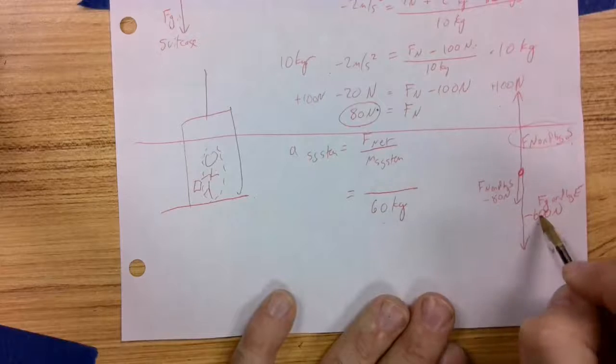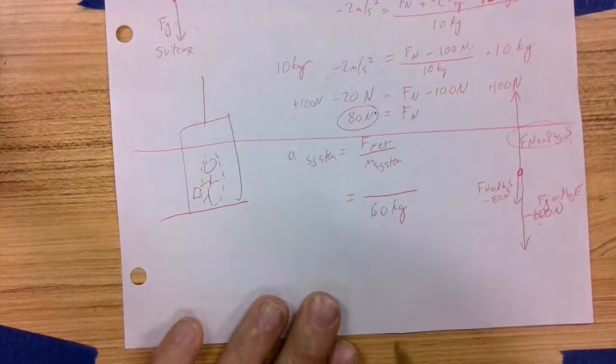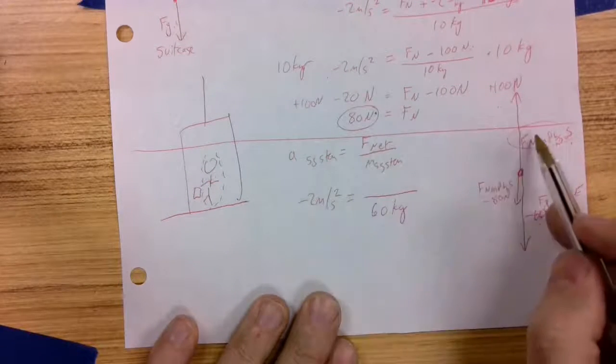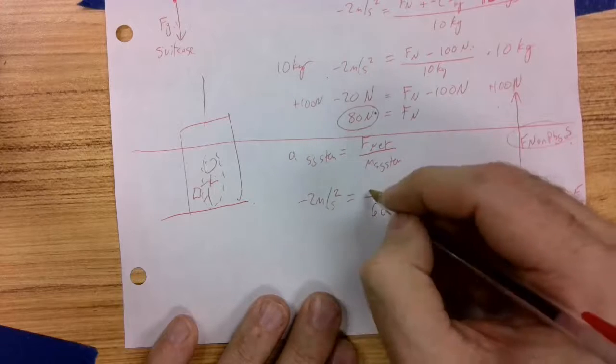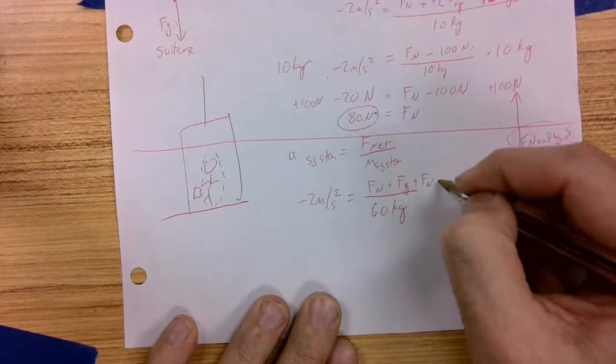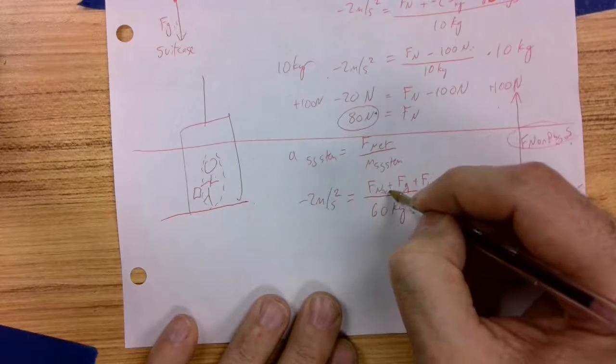This is known, and this is known, so I feel ready to return to my equation and say that the F net, which is this plus this plus this, I'll squish in here scale.